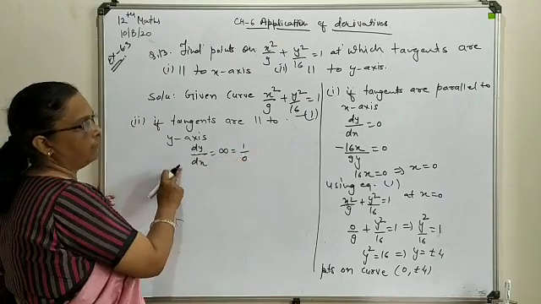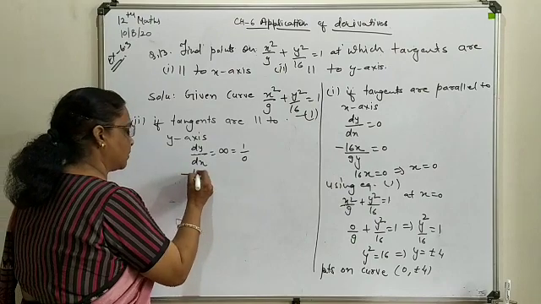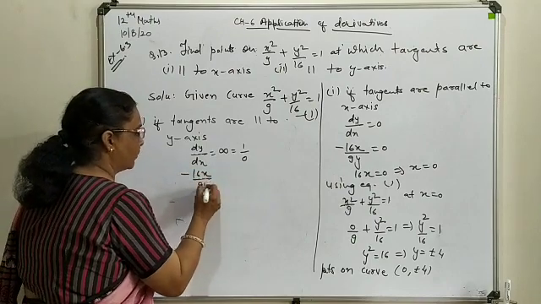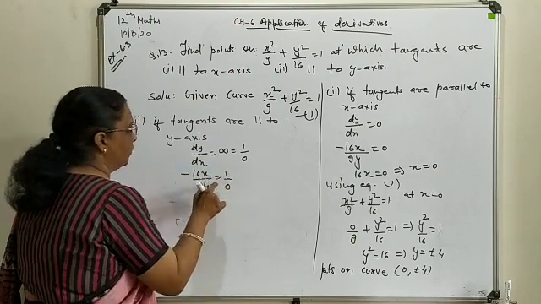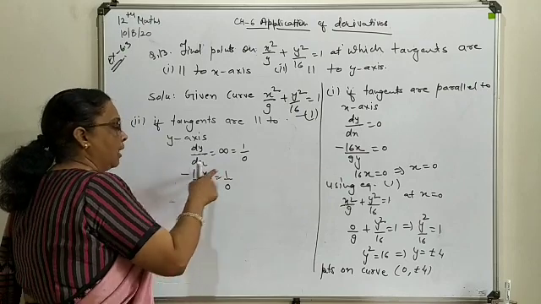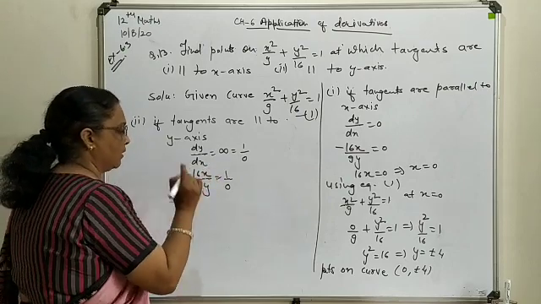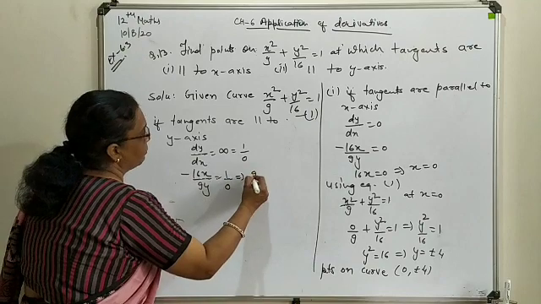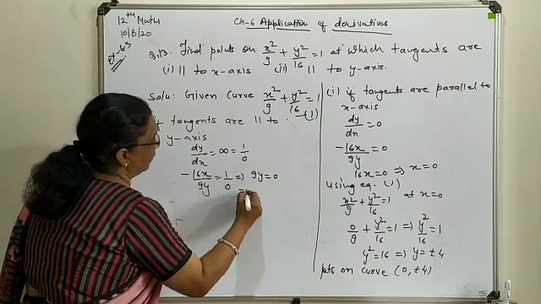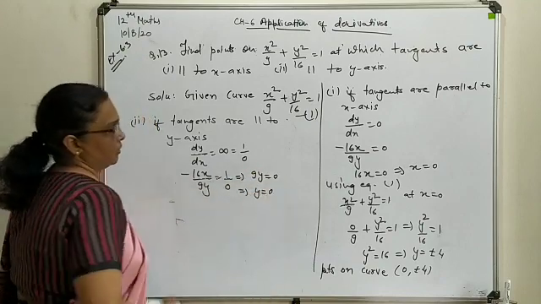So here again that dy by dx we will substitute, that was 16x upon 9y, that is 1 upon 0. Make them cross multiply. So now 9y will turn to 0. So it will give you 9y is equal to 0, or you can say y will turn to 0.